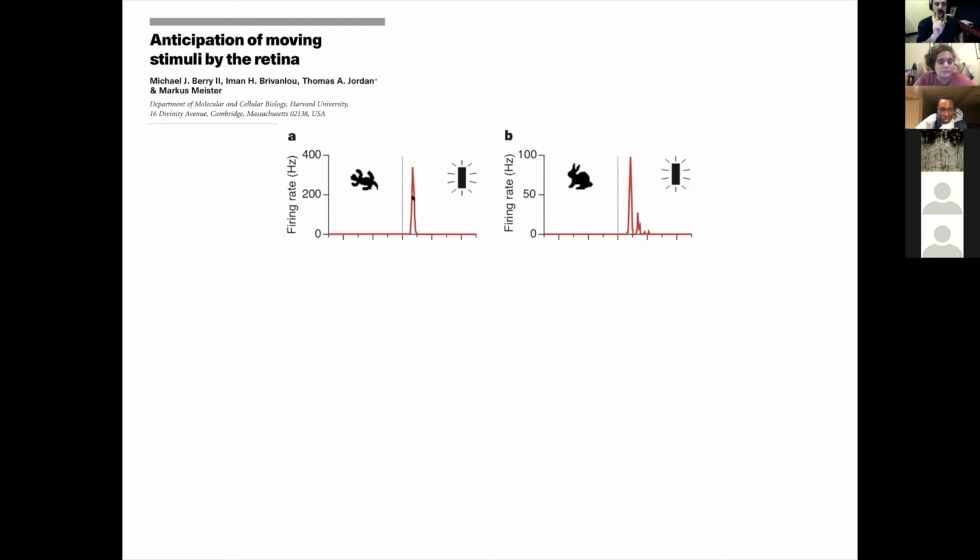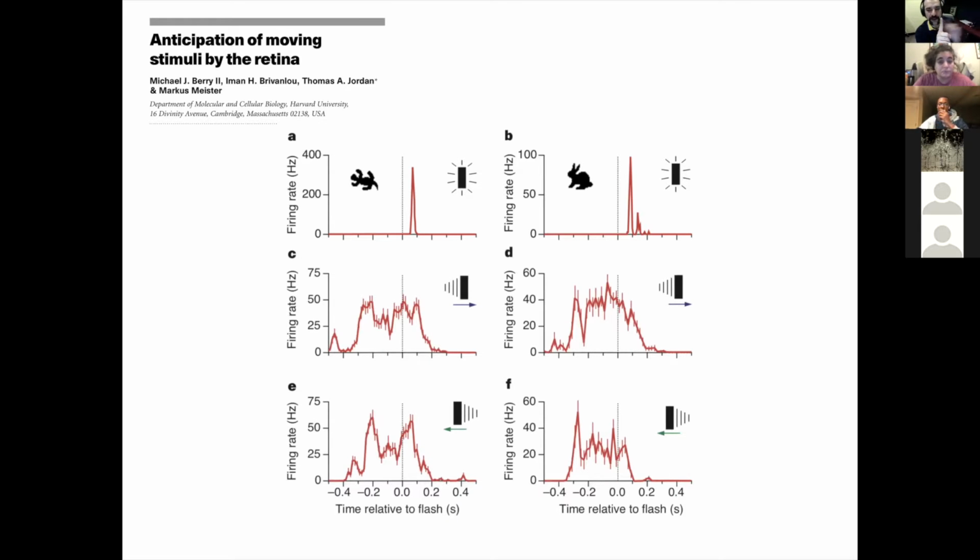Now, that's a bar flashed at the center of the receptive field. Now you take the bar out there and move it across the visual field. And it crosses that receptive field center. And what you see is that, let's say, take this plot. When the bar is out, the bar has not arrived.